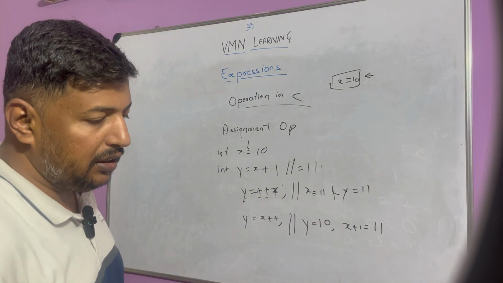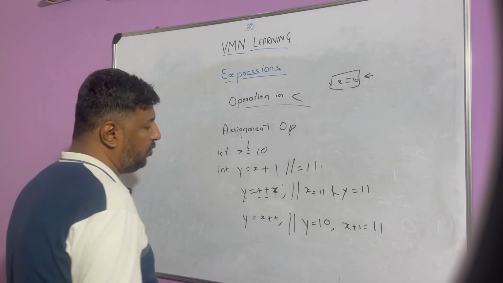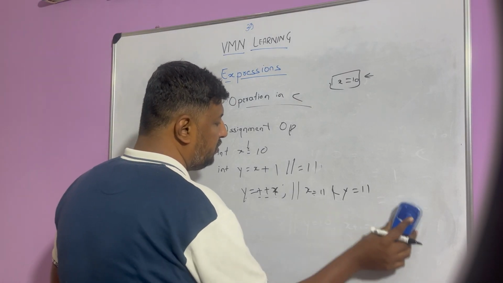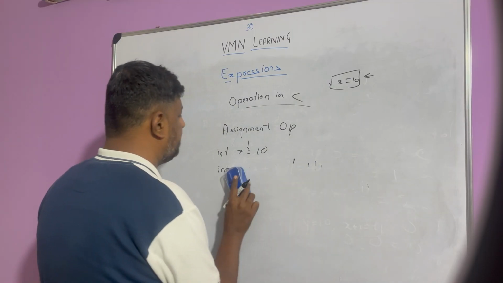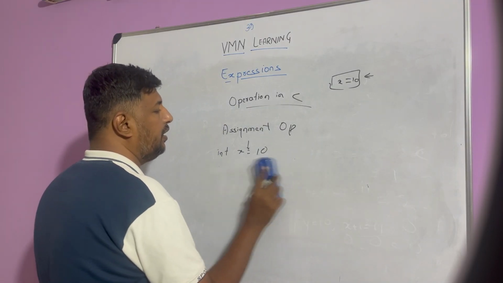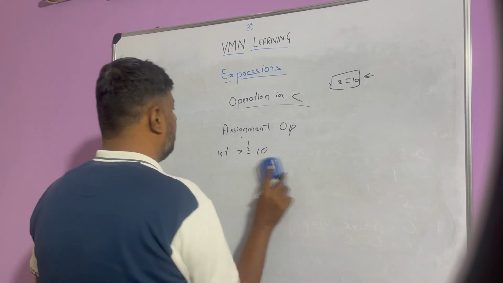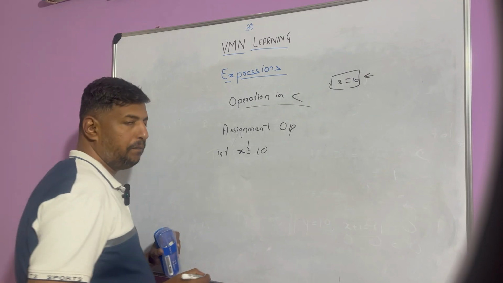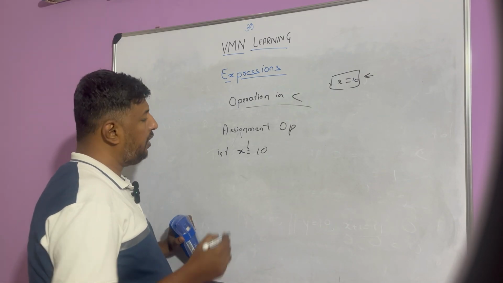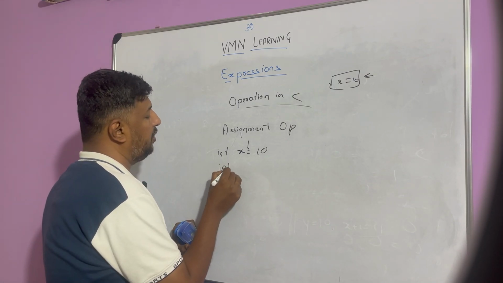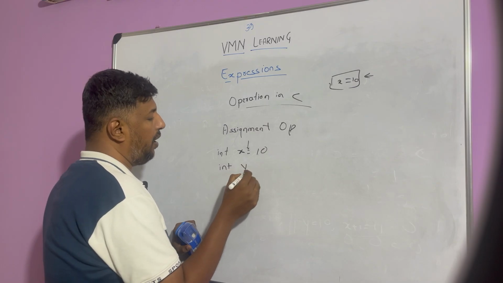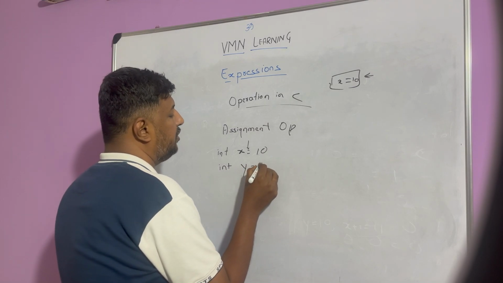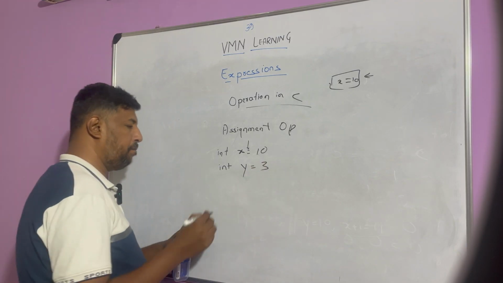Okay. So now let's see an example. x is 10, y is equal to 3.